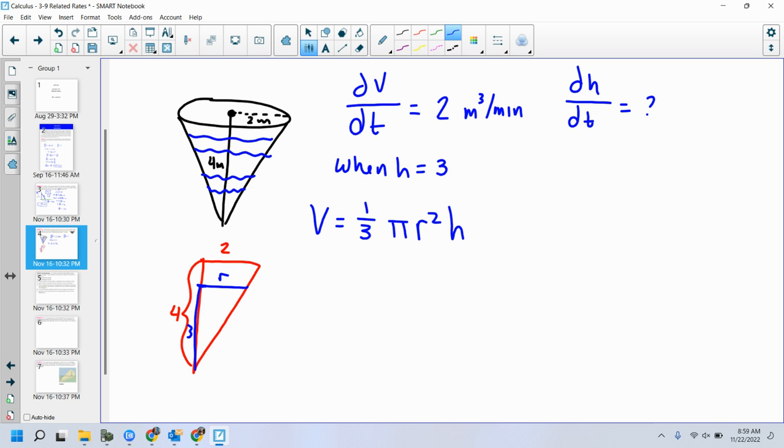Aren't those similar triangles? Aren't those two nested triangles? And they're similar by angle, right? So what I can say is 4/2 is equal to 3/r.